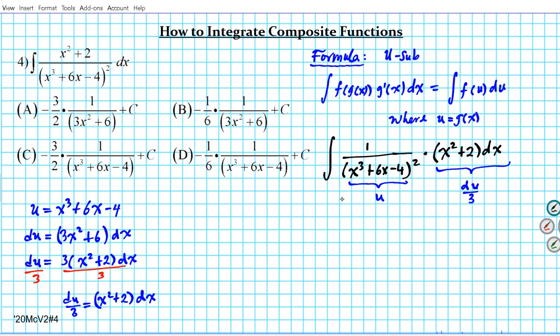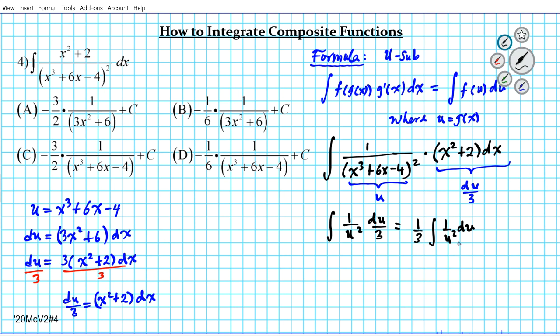Now if we rewrite the entire integral using U substitution, it becomes the integral of 1 over u squared du over 3. Let's make it look pretty by factoring out this 1/3. So we have 1/3 times the integral of 1 over u squared du. Now how do you integrate 1 over u squared?